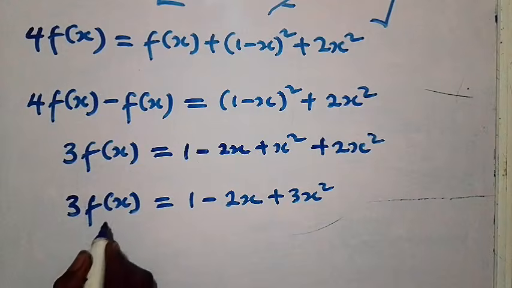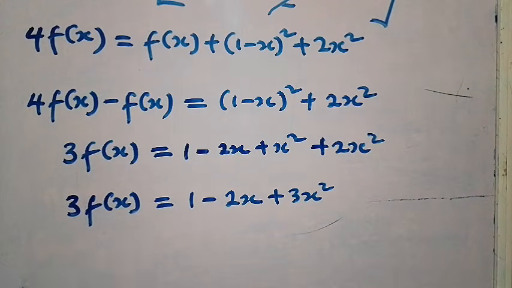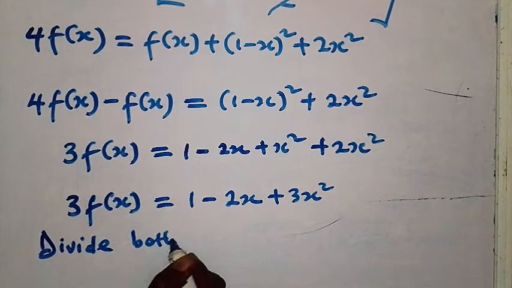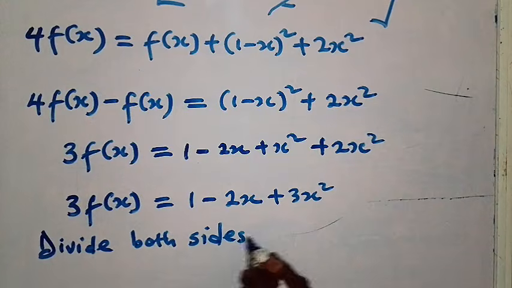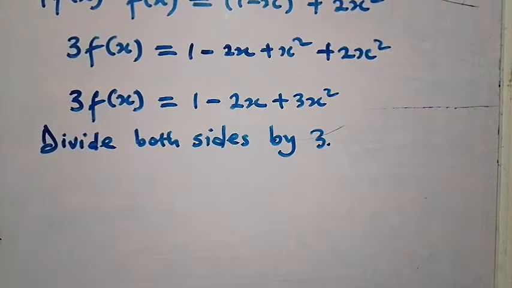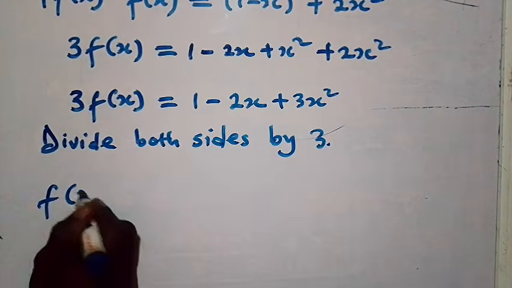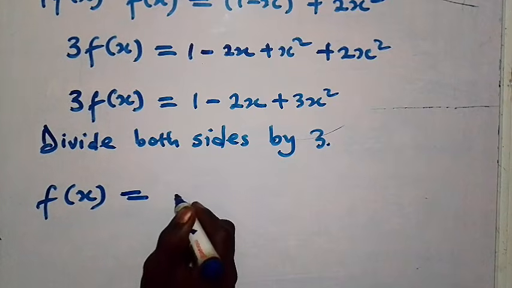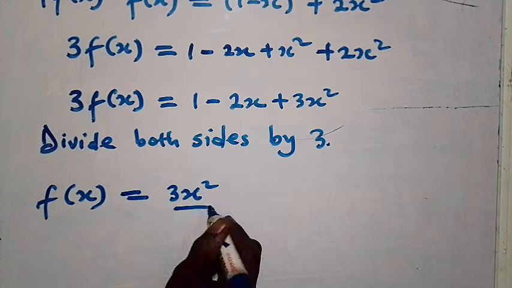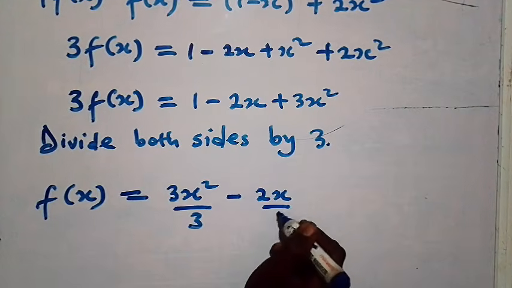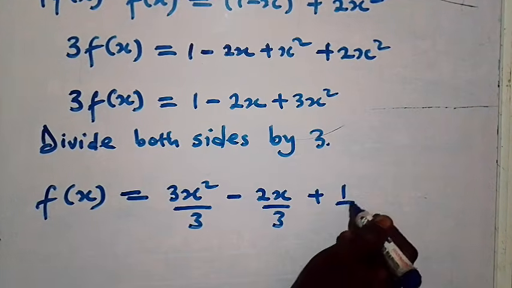Now we are looking for f of x. Divide both sides by 3. If you divide both sides by 3, here we have f of x. 3 will cancel out 3, which equals 3x squared over 3 minus 2x over 3 plus 1 over 3.